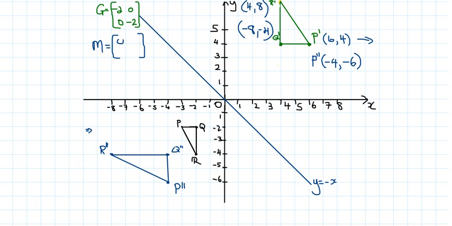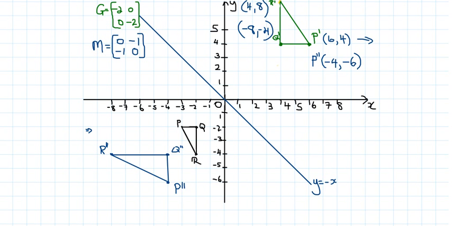Lovely. 0, minus 1, minus 1, 0. And the reason we know it's this one is that the x coordinate becomes the y coordinate and the y coordinate becomes the x coordinate, and basically the sign changes, right?